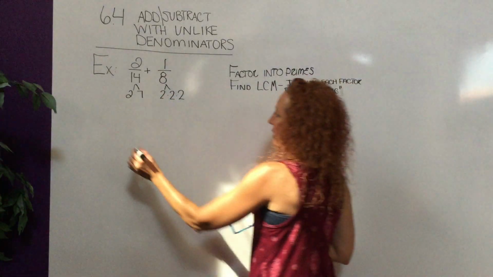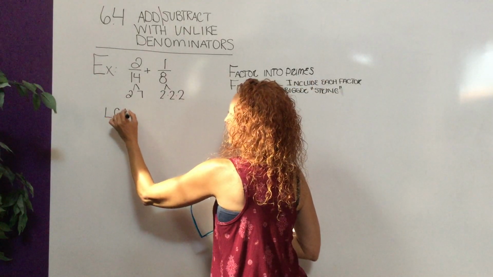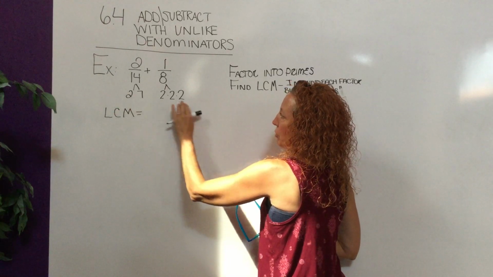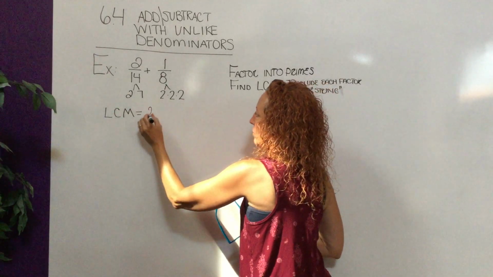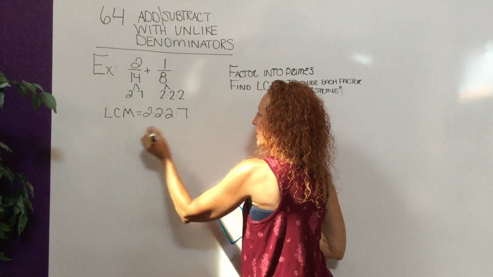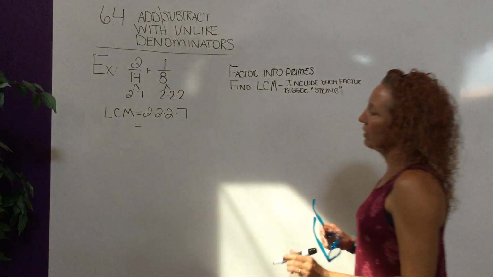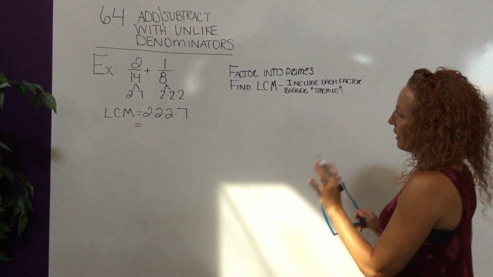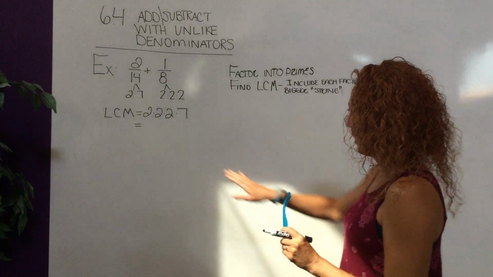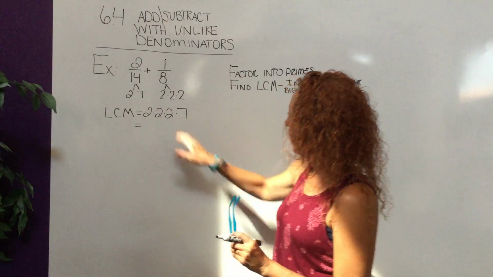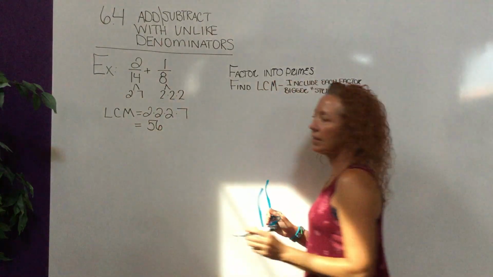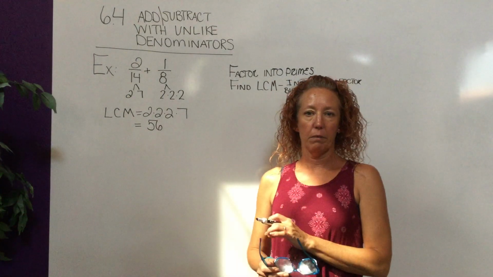When I identify that common denominator, this has one 2, but this has three 2's, so take all 3, take the bigger string, and then we need a 7. Step 1 is finding that common denominator, and then I'll show you what we're going to do with that after. 2 times 2 times 2 is 8, times 7 is 56. That is going to be our new common denominator.